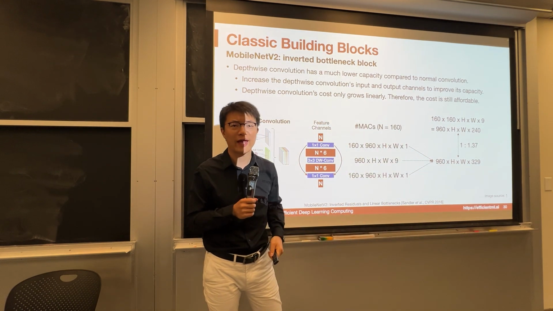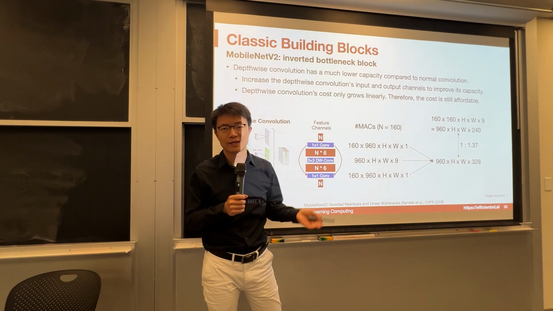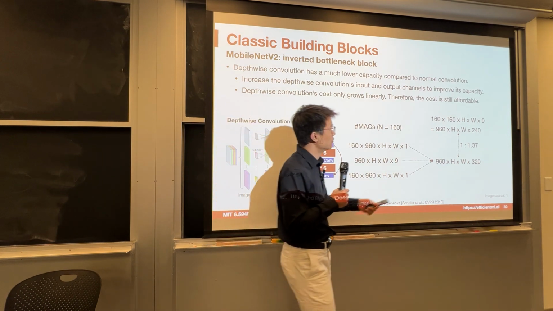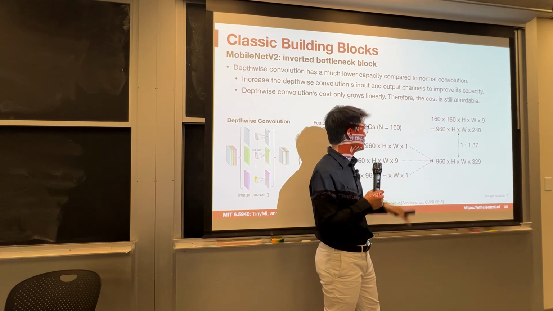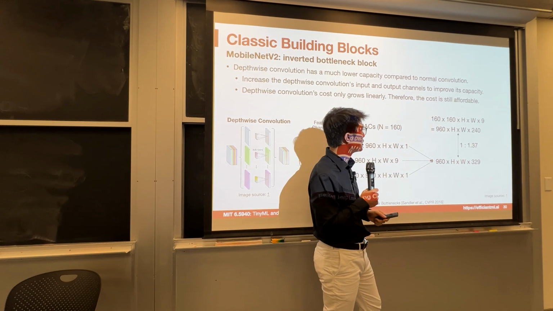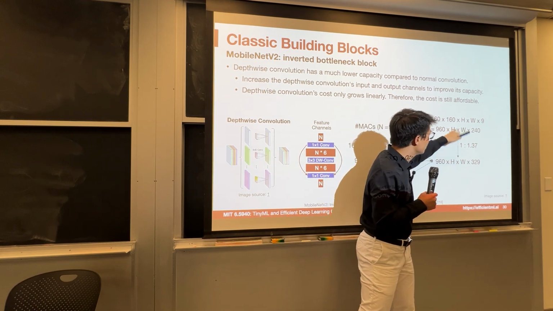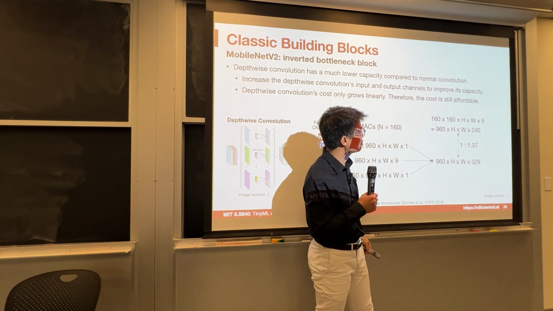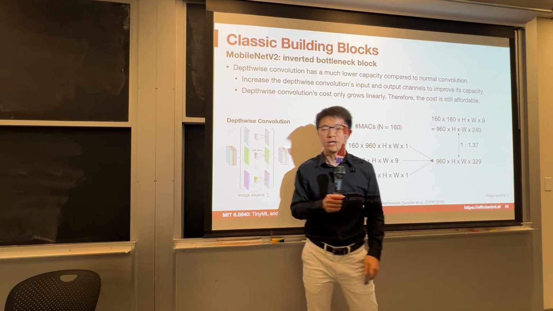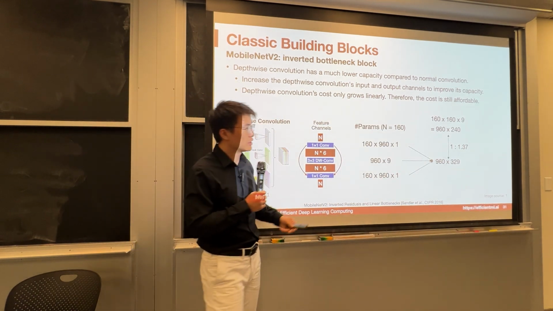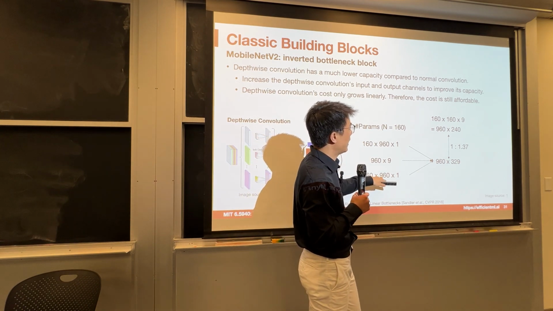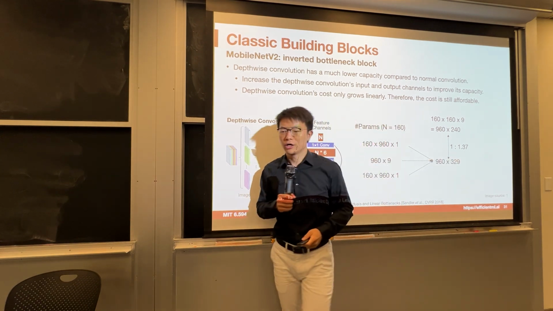Again, we can compare that with just using one layer of 3x3 convolution. Input channel and output channel are both 160. So their ratio is roughly the same, with slightly more compute. And here is the number of parameters, also slightly more.